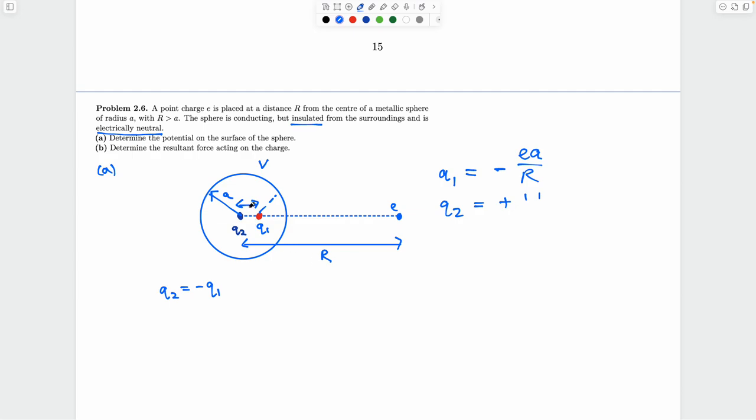Oh wait, sorry, this length, I'll call this length B. This is equal to A squared over R from the result previously derived.